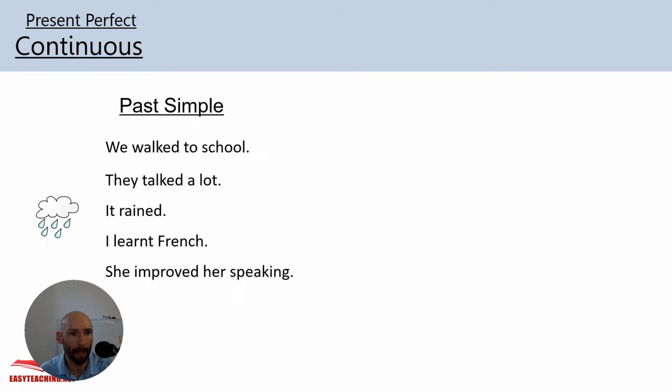We know it's in past simple because we've got the past form of the verb. Our subject is we. Because past simple has been used in this sentence, the action is placed at a specific point in the past. If we want to bring it into the present, we can use present perfect continuous.